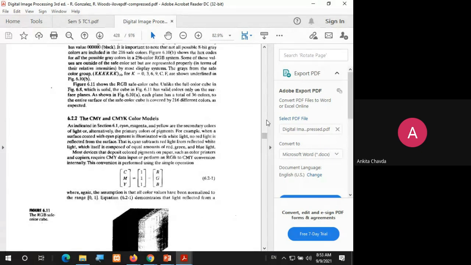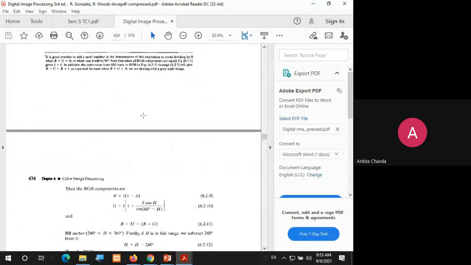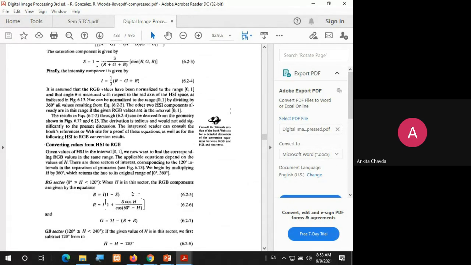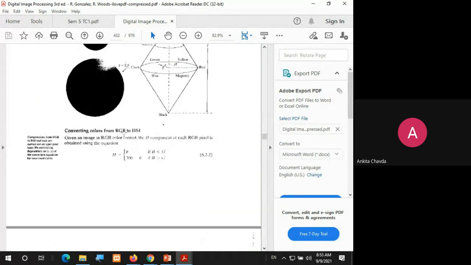That is for the CMY/CMYK model. After this, see, this is another formula when you are converting colors from HSI to RGB. Again, you have a formula, and there is no description of how this is done; directly they are giving the formula. That is converting from RGB to HSI. This is the formula that you need to remember.